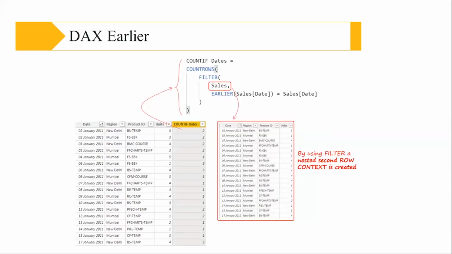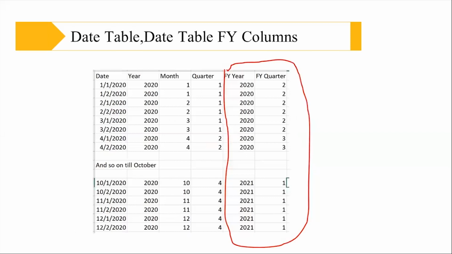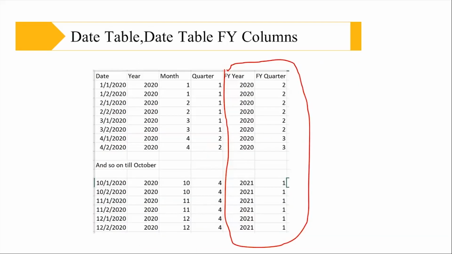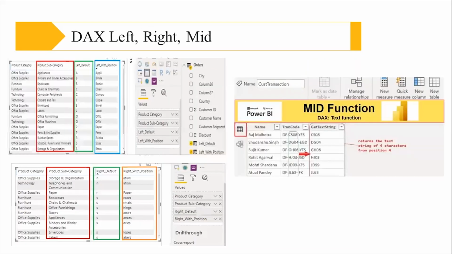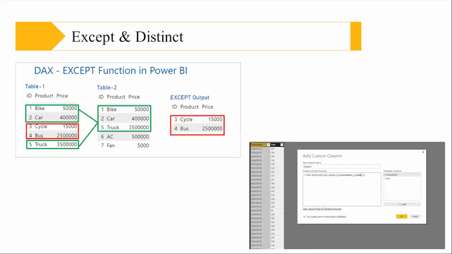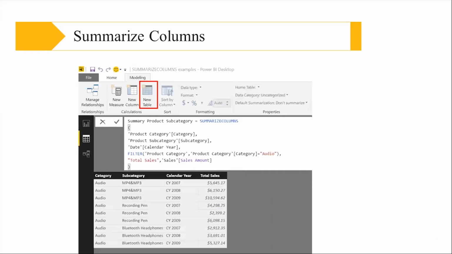So let's use this to not only go to the DAX, because we did DAX and DAX tables, table functions, columns, searches and everything in that string, like what is true, what is false. You can have a column where you contain the string or anything of that data sort. Then we did that sort of a thing, wherein we can find out anything. So MID, LEFT, we all did it, or maybe whenever we want to summarize a column. So we did that. Okay.